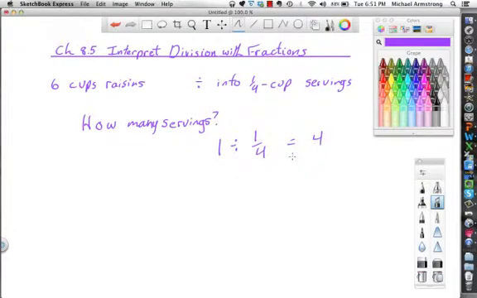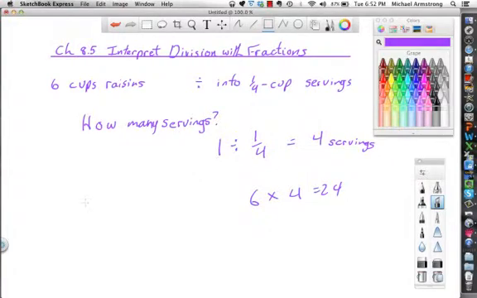How many cups does Elizabeth have? She has 6 cups of raisins. And we might guess that if she has 6 cups and there are 4 servings in each cup, that's kind of like 6 times 4 is 24.